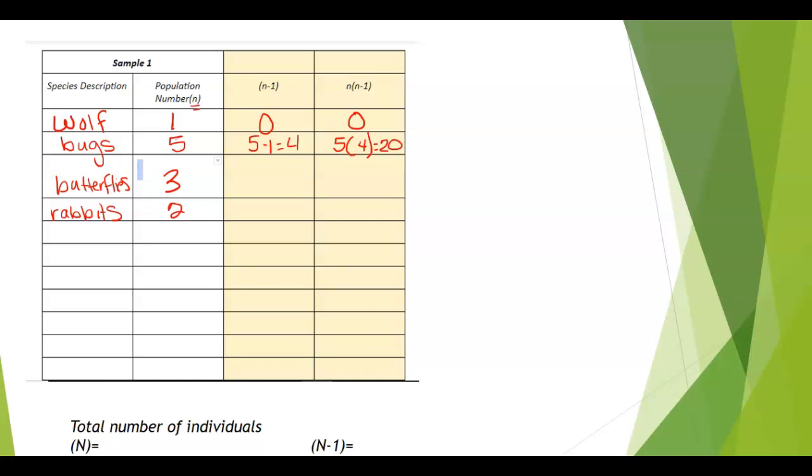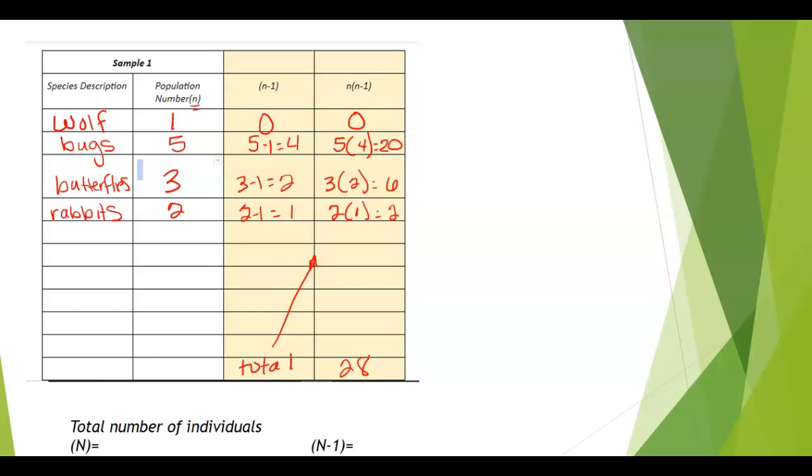Then over here, n minus 1 equals 2, so we take 3 times 2, which gives us 6. 2 minus 1 equals 1, so we take 2 times 1, which equals 2. Then you're going to add all of these up. 20 plus 6 plus 2 is 28.